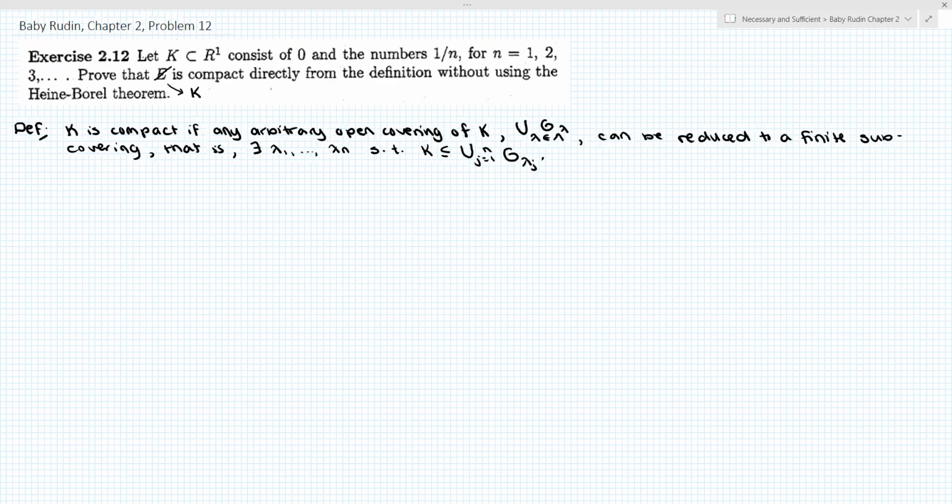So how are we going to prove that K is compact directly from the definition? What we want to do for these kinds of problems is consider an arbitrary open covering of K. So let's start the proof.